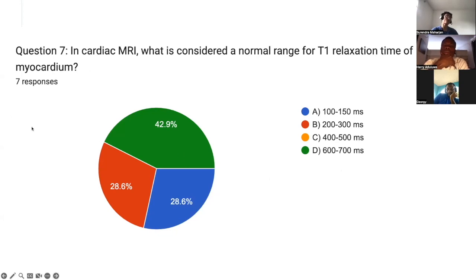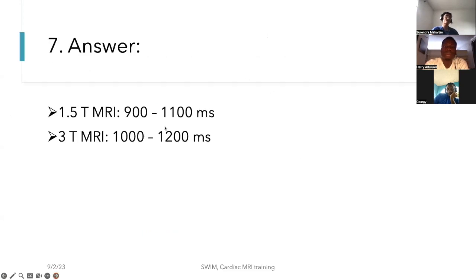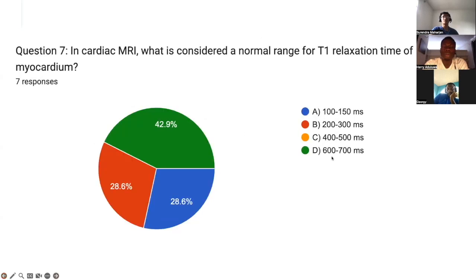The question here says the maximum value is 600 to 700, but if we check the literature, you can see these values as well. So I just kept these values here. For this question, 600 to 700 is the maximum value, so this is the correct answer. It is vendor dependent and patient dependent. Okay, thank you.